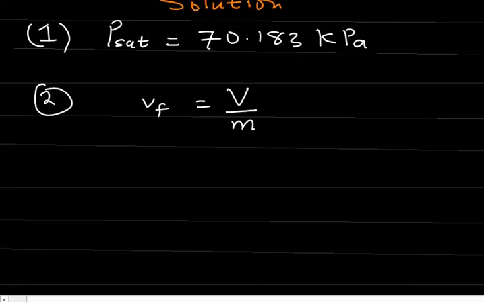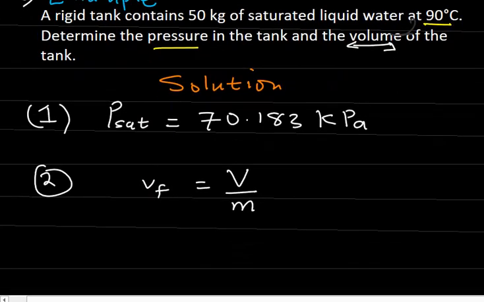Since we are looking for the entire volume of the tank, which is the volume of the saturated liquid, it is going to be mass multiplied by the specific volume. The mass is given already, it is 50, times the specific volume.